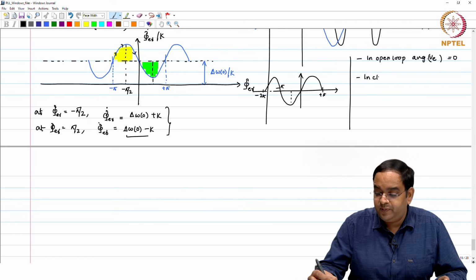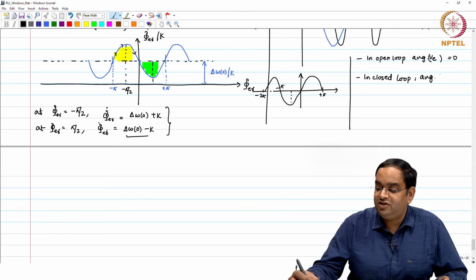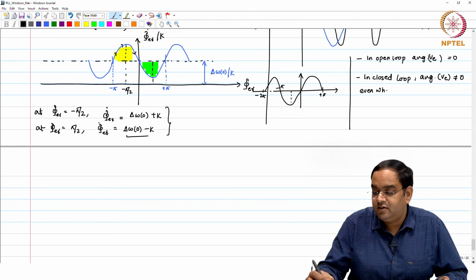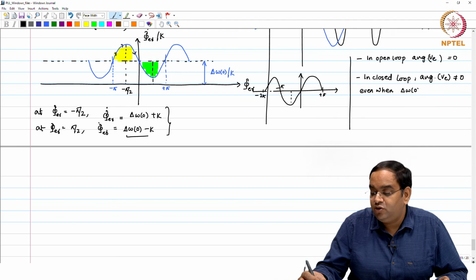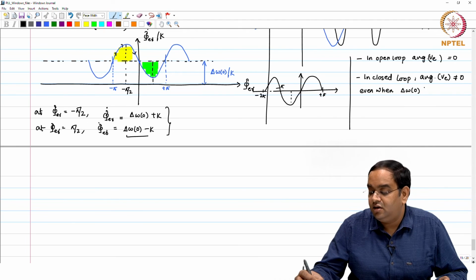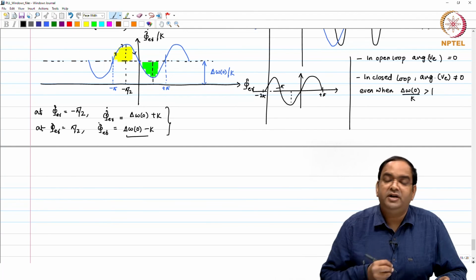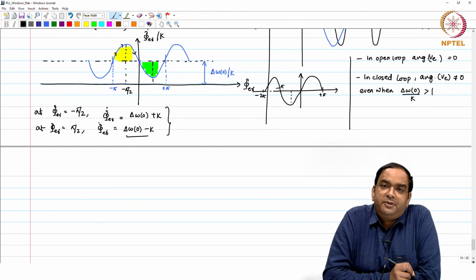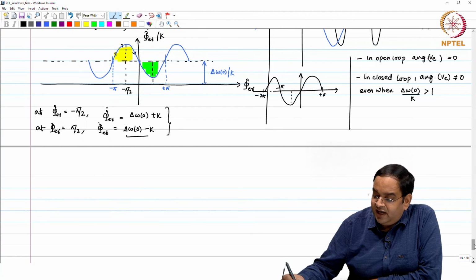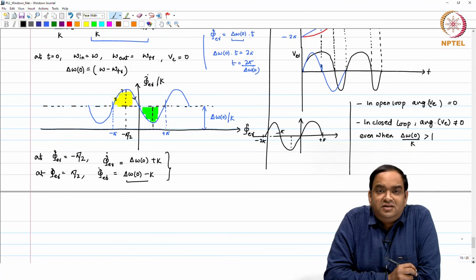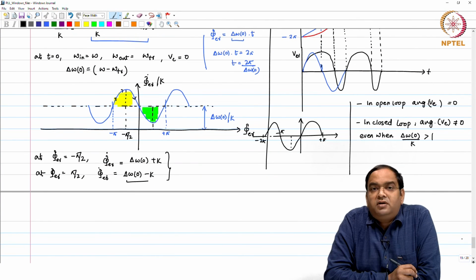In closed loop, average value of V error is not equal to 0 even when delta omega 0 is non-zero. Okay, delta omega 0 by k is greater than 1 in our case. That is what I am showing you here. This is what we see here. So, if that is the case, right, there is some kind of information in the V error voltage about frequency error, but it will not be able to lock at all.